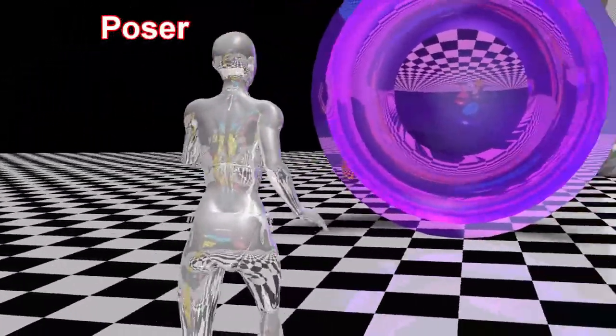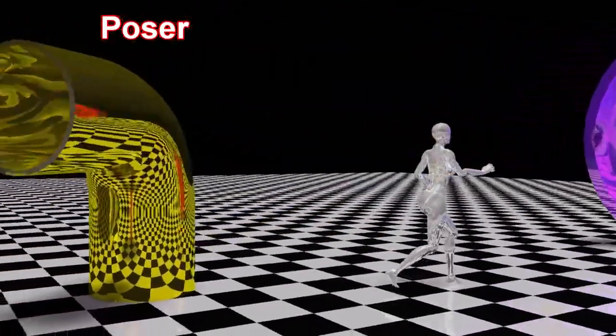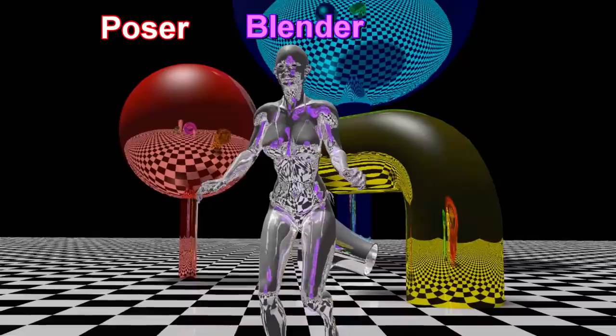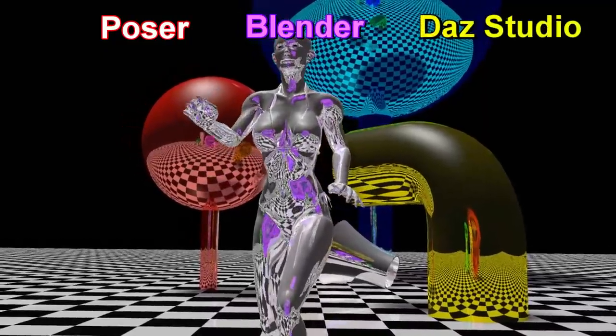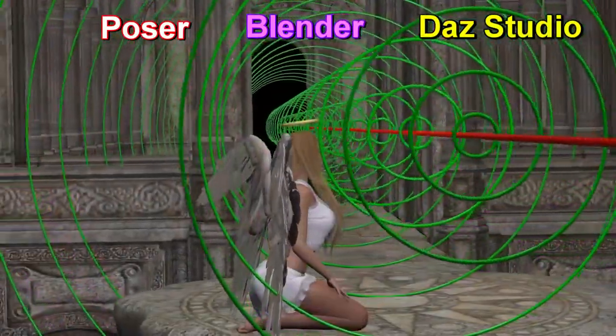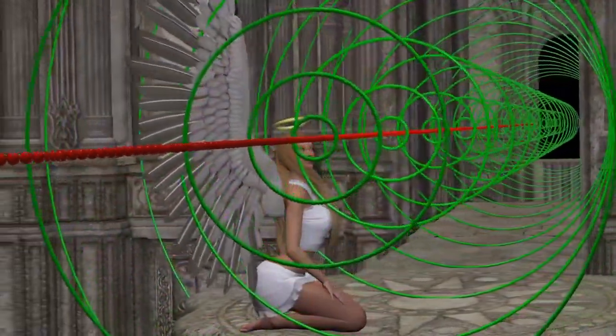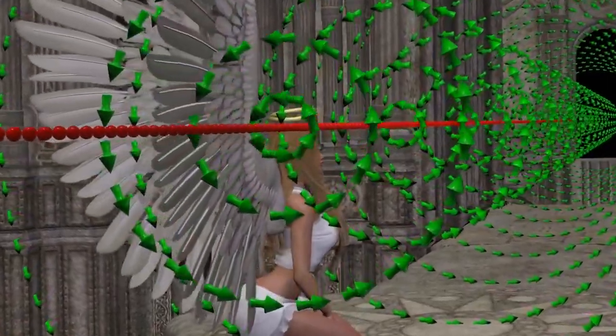Poser costs money to purchase, but there are also free 3D animation programs available, such as Blender and Daz Studio. Another important free program worth mentioning is the 3D modeling program Wings 3D.